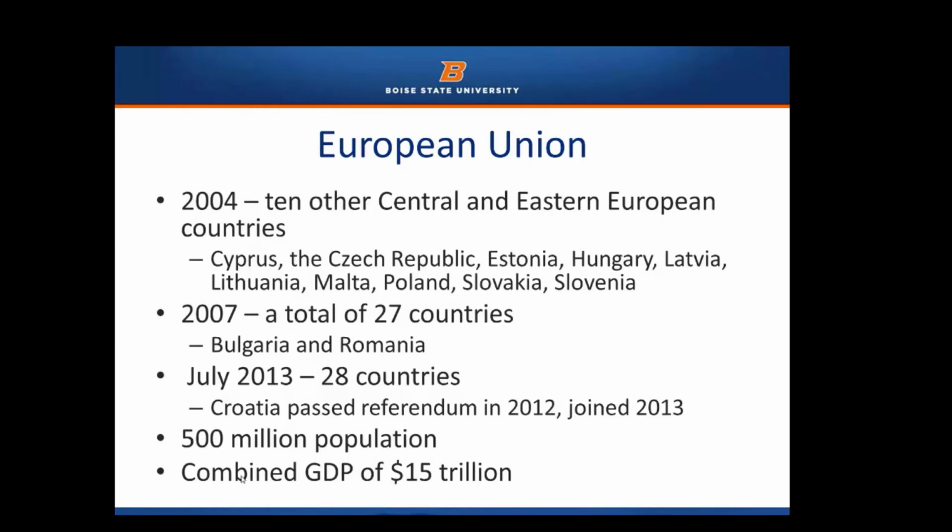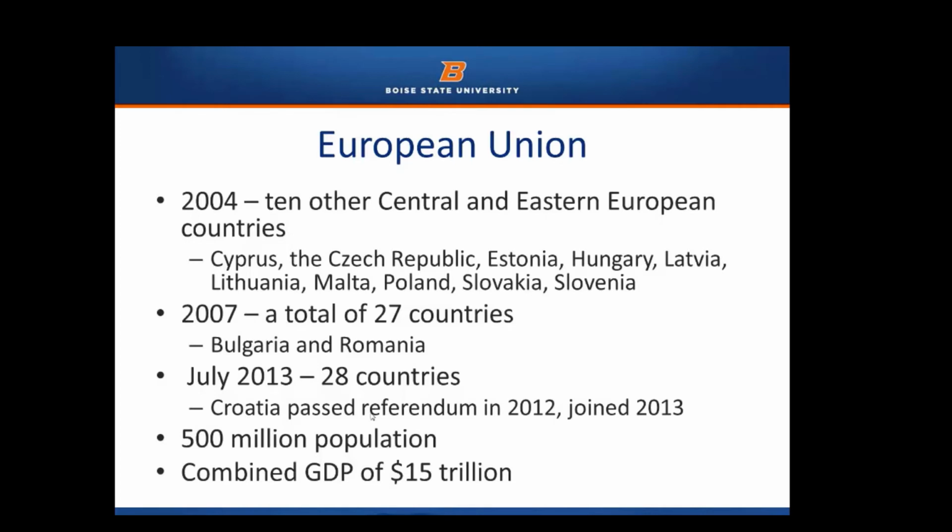In 2004, 10 other countries joined. And by 2007, there was a total of 27 countries, with Bulgaria and Romania. The newest member joined in July of 2013, bringing the total to 28 countries in the European Union. Croatia was the latest one.